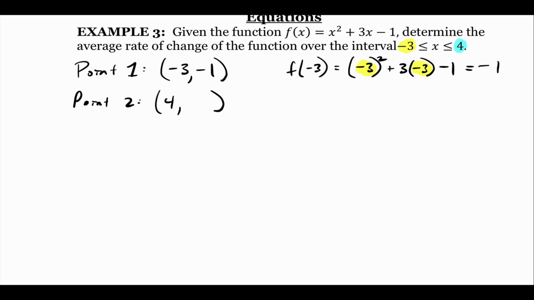How do I get the other one? Do the same thing. Plug in 4. Instead of negative 3, I'm going to plug in 4. 4 squared plus 3 times 4 minus 1. Everywhere I see an x, plug in 4.